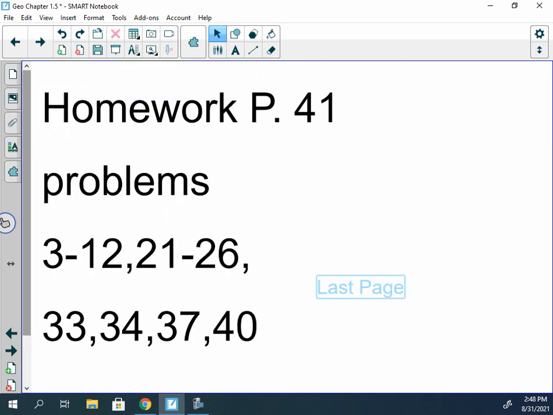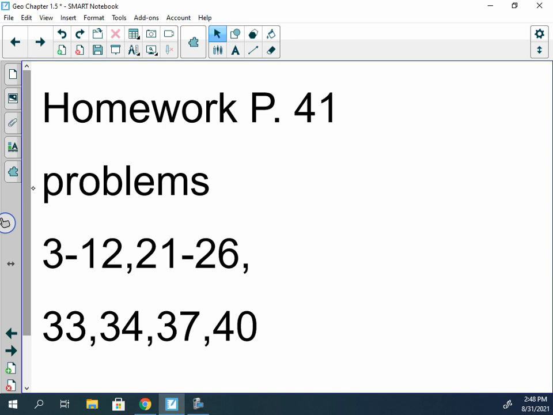So this here is the assignment. 3 through 12, 21 through 26, 33, 34, 37, and 40. Now, 3 through 6, the first 4 problems, name the angle in 3 different ways. 7 and 8, I think it's name the angle in 3 different ways.